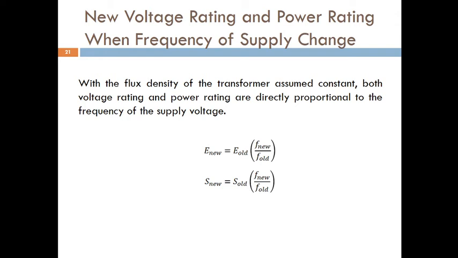So E new is equal to E old times F new over F old. And for the apparent power, we have S new is equal to S old times the frequency new over F old.